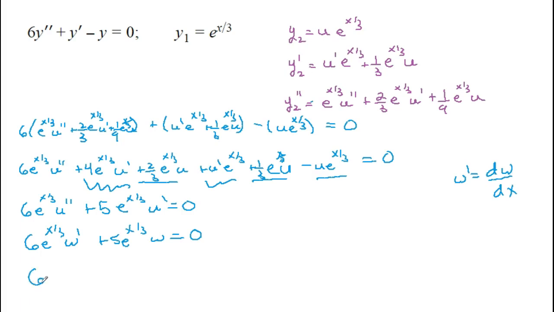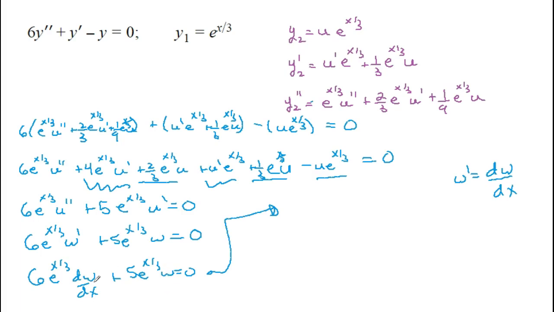To really emphasize that point, I'm going to rewrite that w prime as dw/dx plus 5e^(x/3)/6 w equals 0. I'm going to go ahead and separate these different variables and treat it like a separable differential equation. So when I do that, my goal is to get dw in the numerator, the dx in the numerator, get all the w's together, all the x's together.